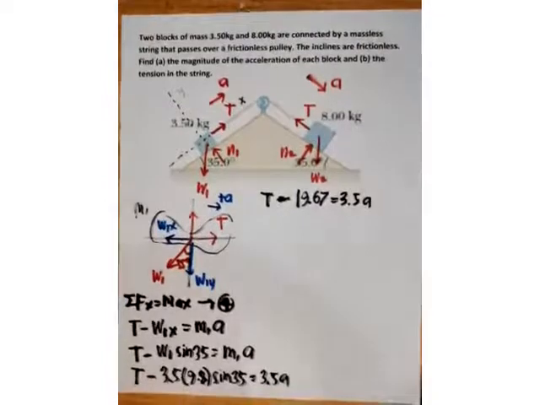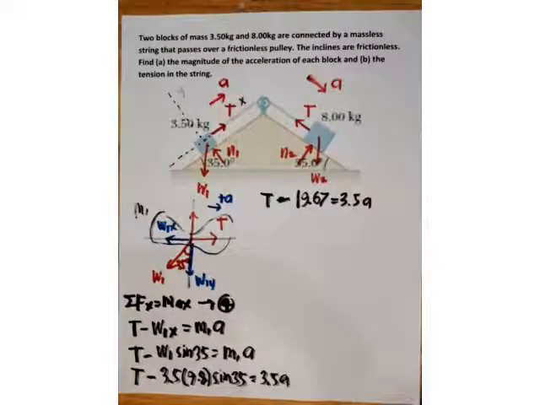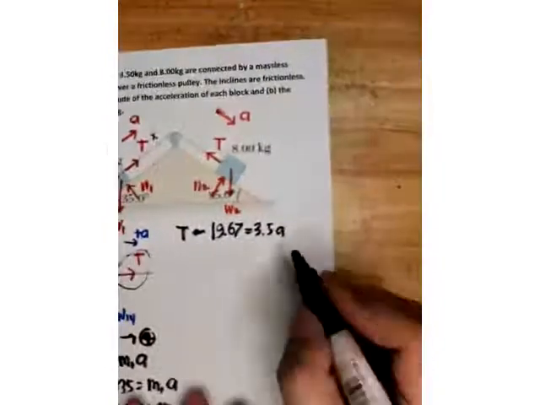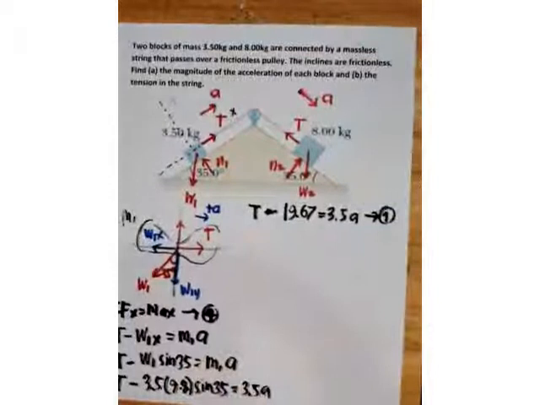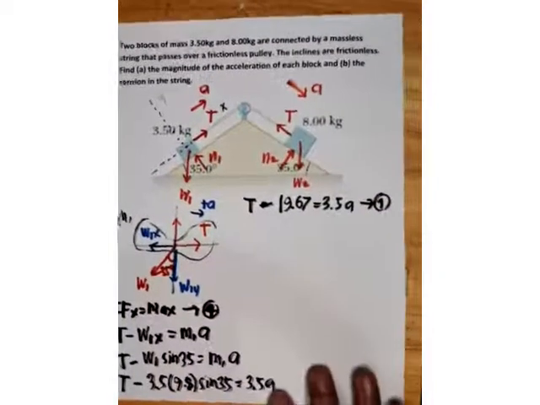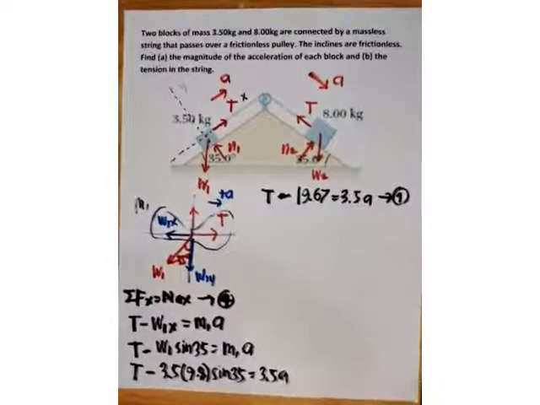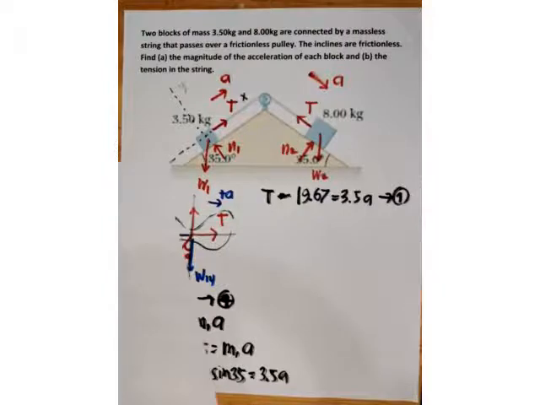So tama ba yung computation ko? 3.5 times 9.8 times sine 35. Okay, 19.67. Okay, so this will be our first equation. Okay, so yan yung ating first equation. Okay, mag-next paper na ako. Parang feeling ko hindi naman kakasya yung solution.